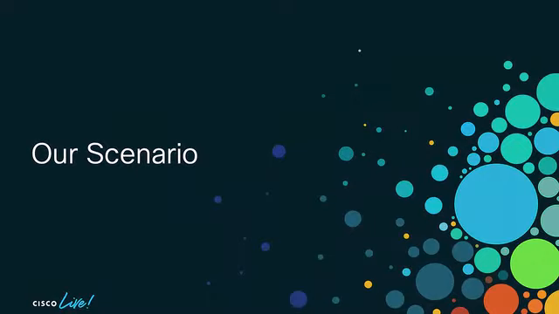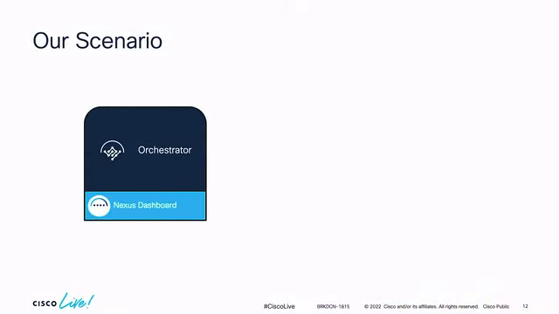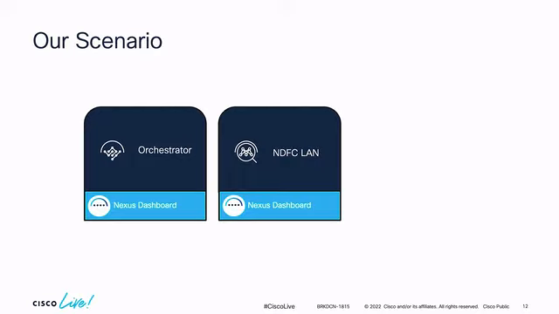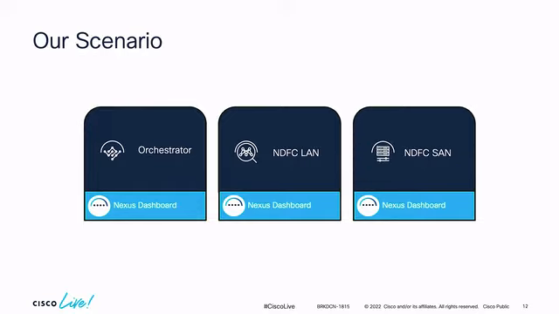For these demos, I installed some platform and I deployed 3 different clusters for Nexus Dashboard. I have a cluster that is using Nexus Dashboard Orchestrator. I have another cluster that will be using Nexus Dashboard Fabric Controller for the LAN scenario. And I have another cluster that will be using Nexus Dashboard Fabric Controller for the SAN scenario.